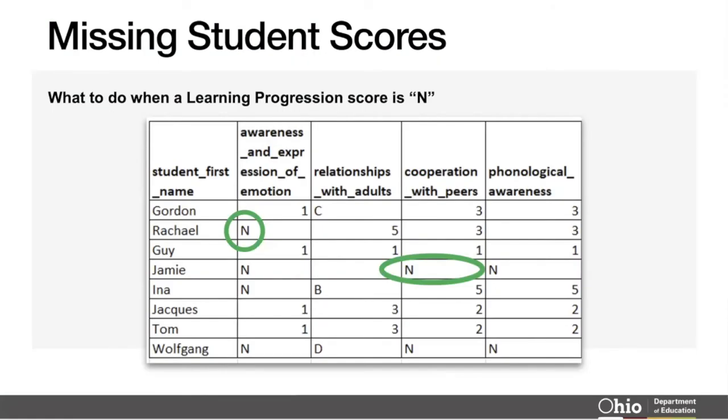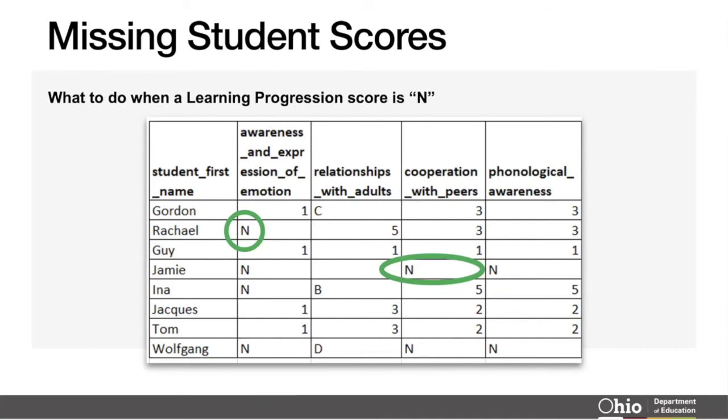Okay, but what happens if a learning progression score is an N? So if you happen to see any N scores in your reports, this means that either the teacher was not able to determine a score for a child on one of those skills, knowledges, or behaviors, or perhaps the child has not yet met the highest level indicator that is available on the rubric.